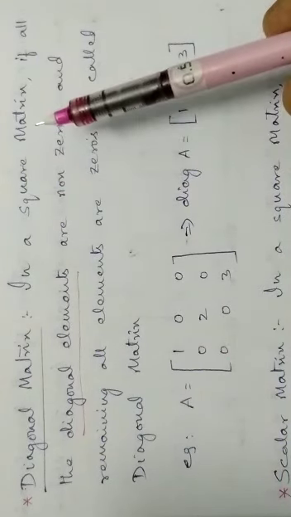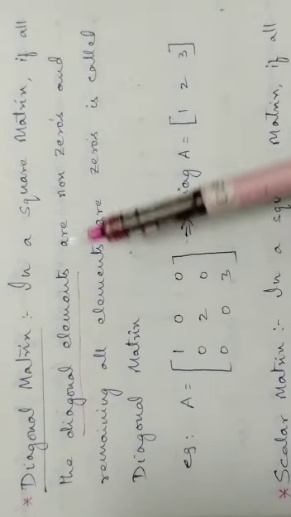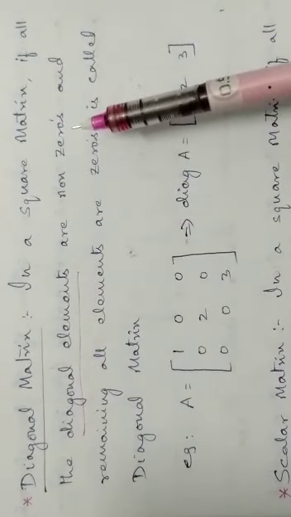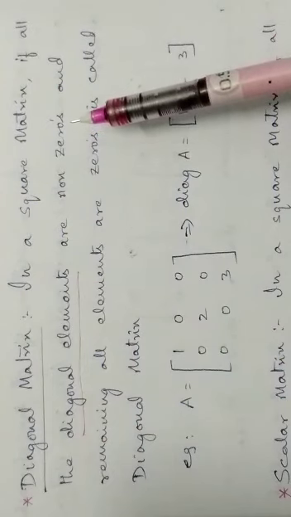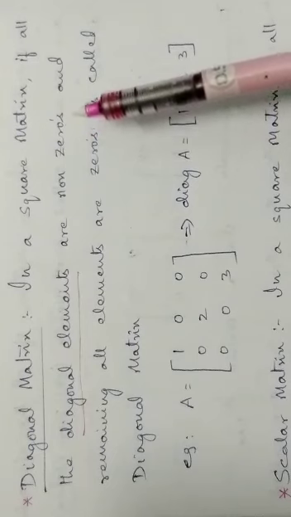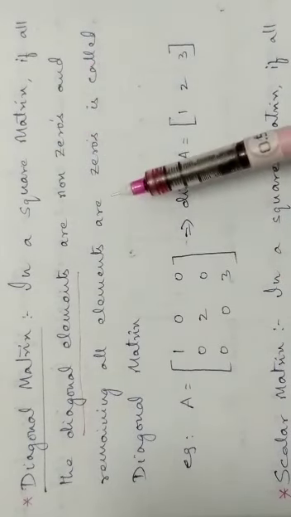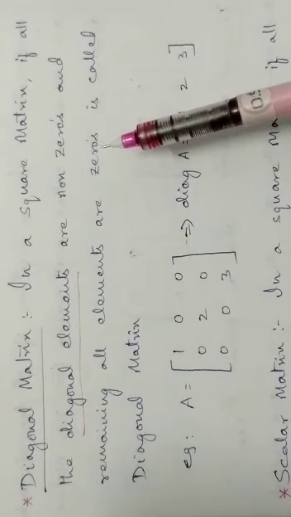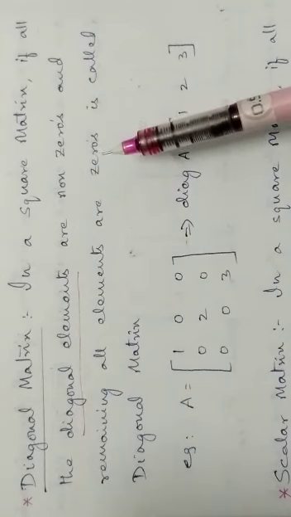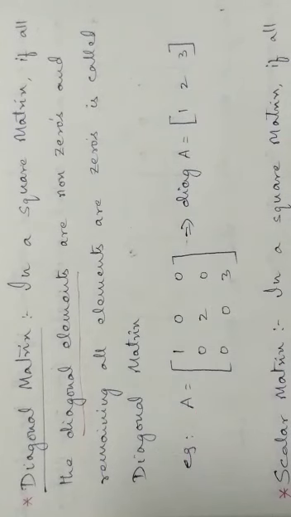So in a square matrix, if all the diagonal elements are non-zeros, which means not equal to 0, and remaining all elements are zeros, it is called diagonal matrix.